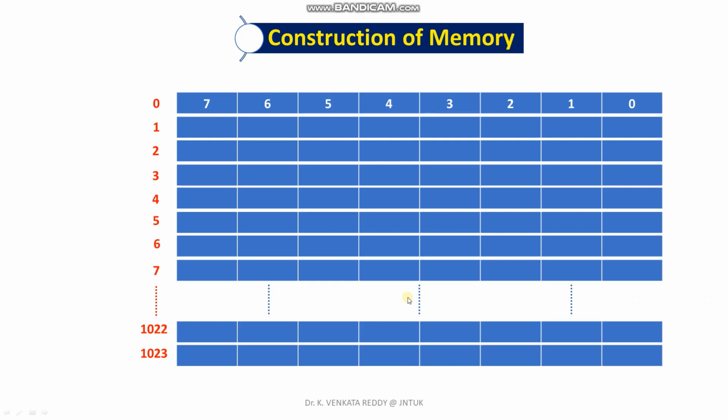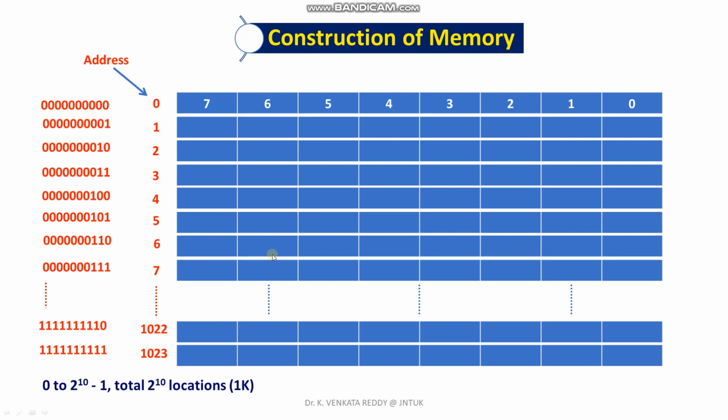If you have 1024 such bytes, starting from 0 to 1023, this is said to be 1K memory locations, 1K bytes of memory. If we expand these addresses into binary, 1023 corresponds to 10 ones.